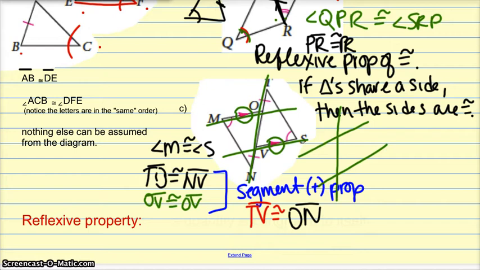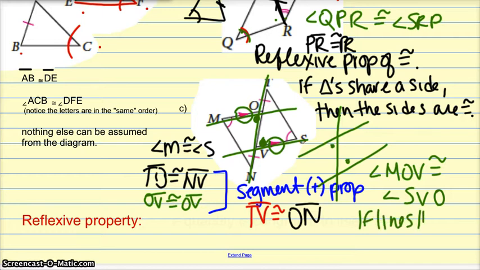What it's creating for both is alternate interior angles that are congruent. So they're over here. So it ends up being angle MOV is congruent to angle SBO. If lines are parallel, then alternate interior angles are congruent.